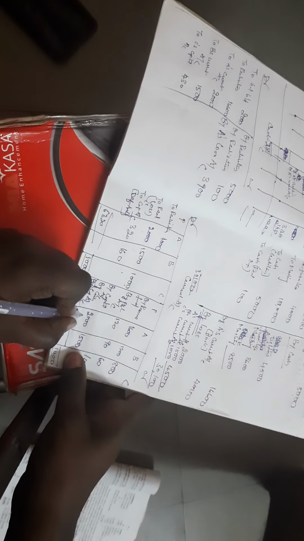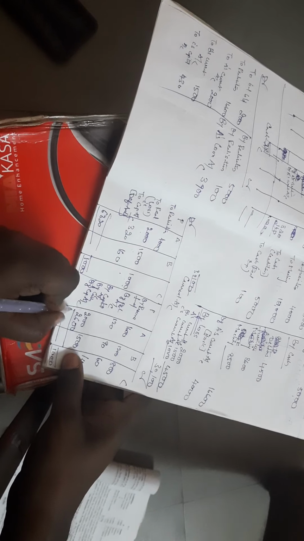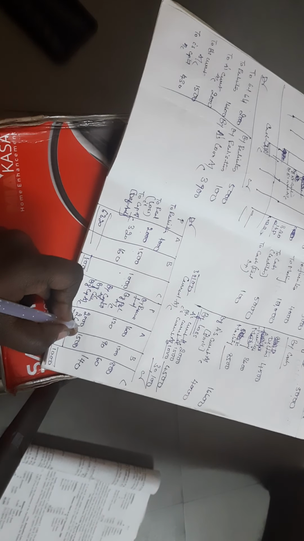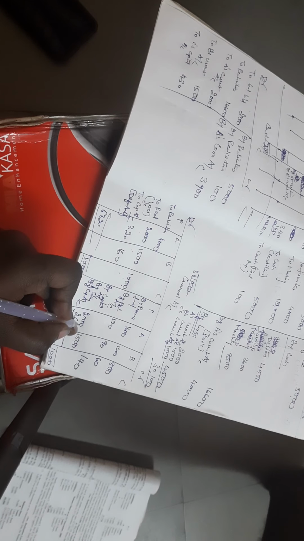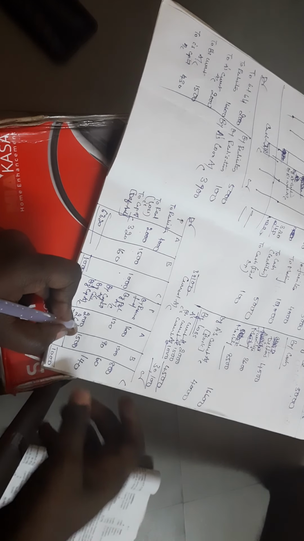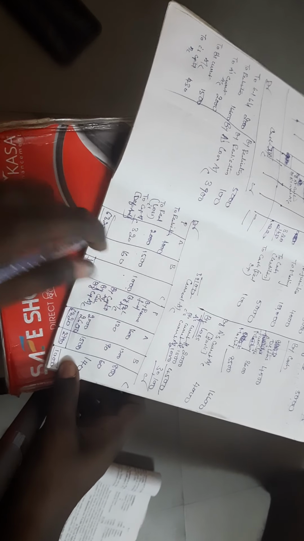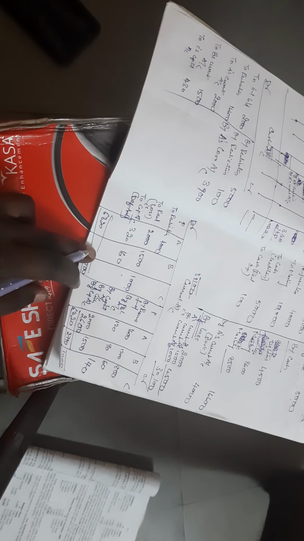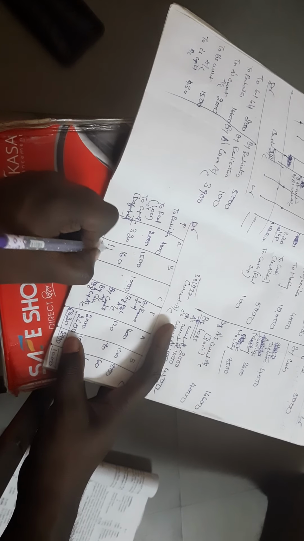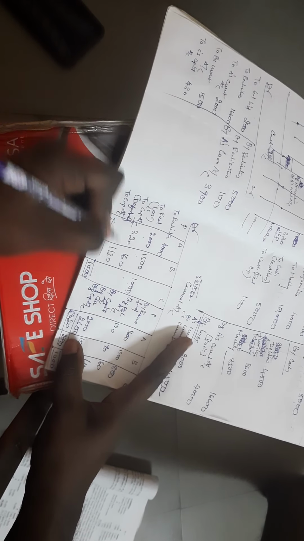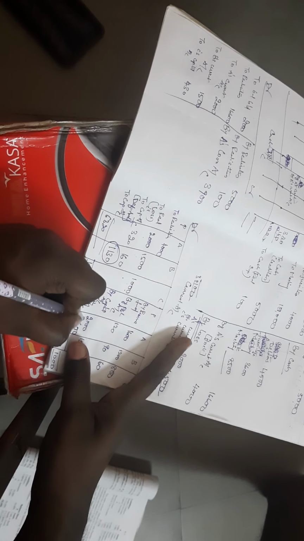And for B the credit balance is more, 2790 minus this amount, so B got 1130. This is the balancing figure of A and B.